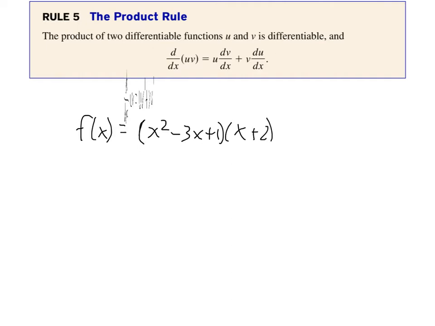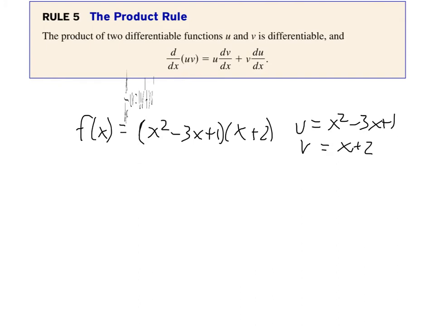I could split that into two different functions and say that u equals x squared minus 3x plus 1 and v equals x plus 2.